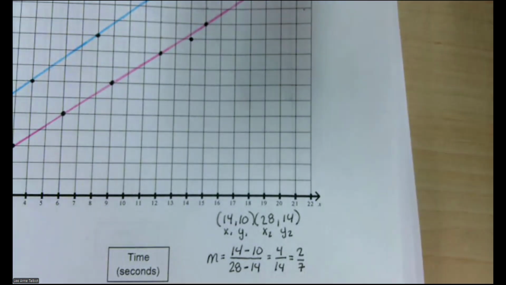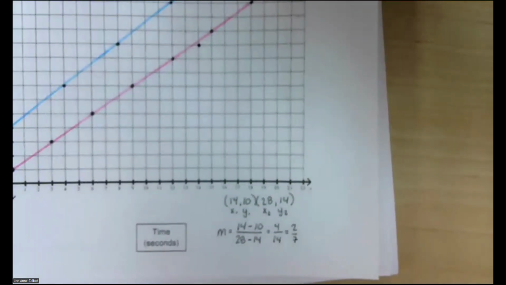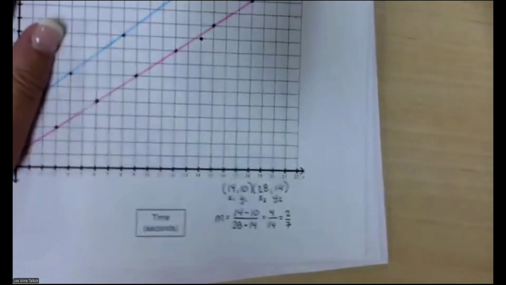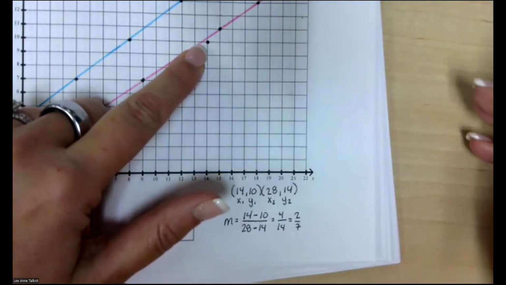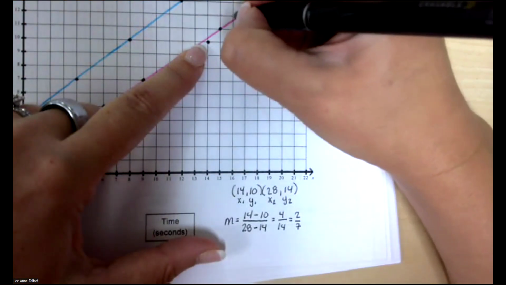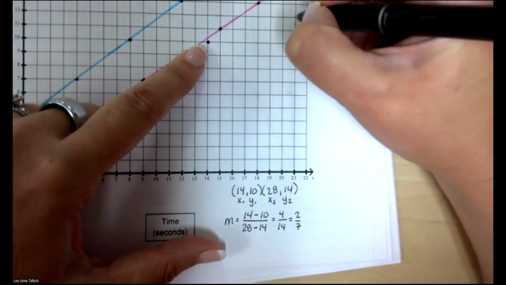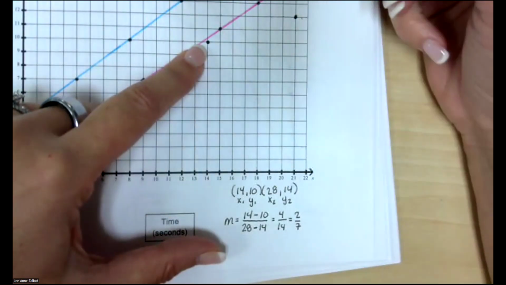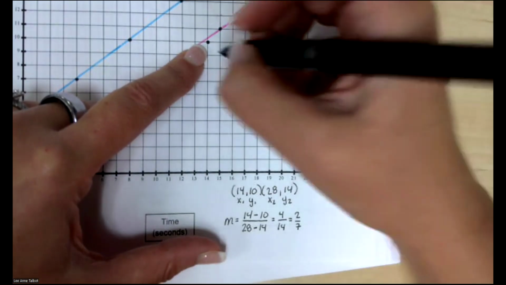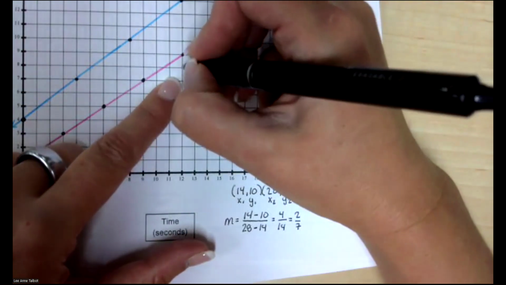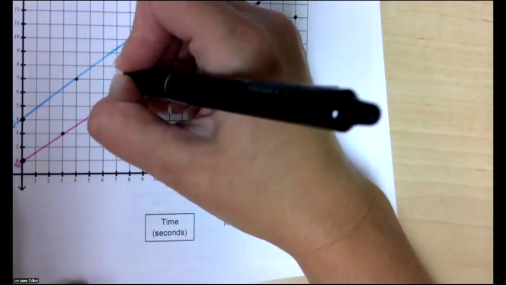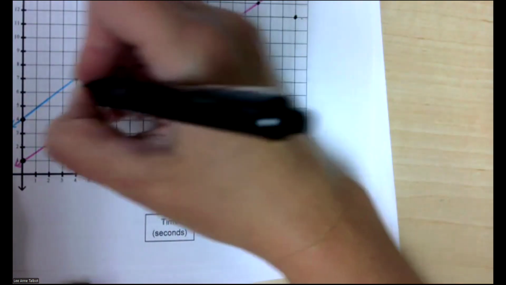Okay, so now we can count the boxes, and we're going to go forwards and backwards to figure out our equations. So you have the point 14, 10, up 2 over 7, and then backtrack down 2, back 7.